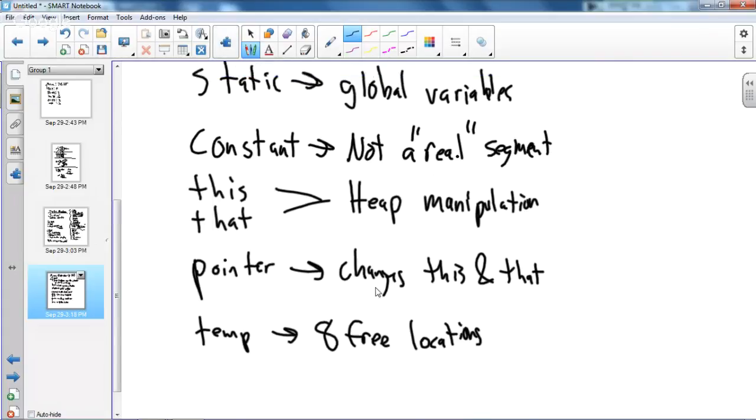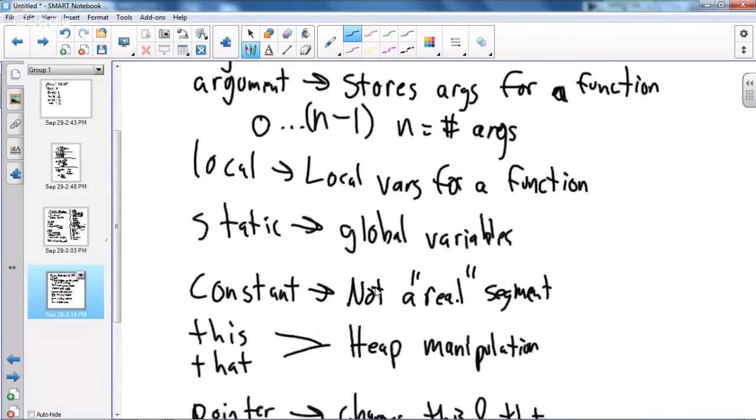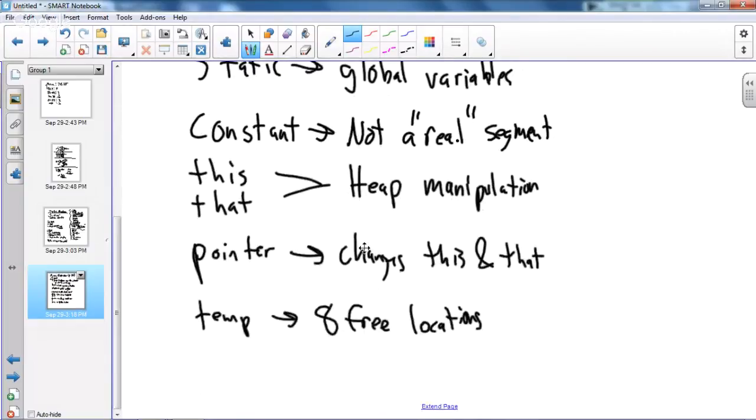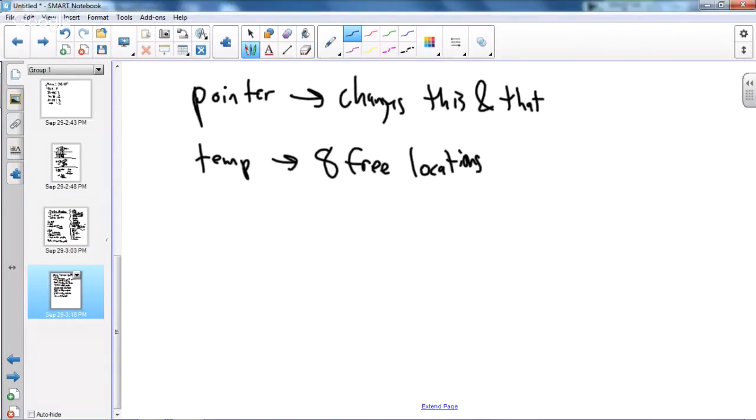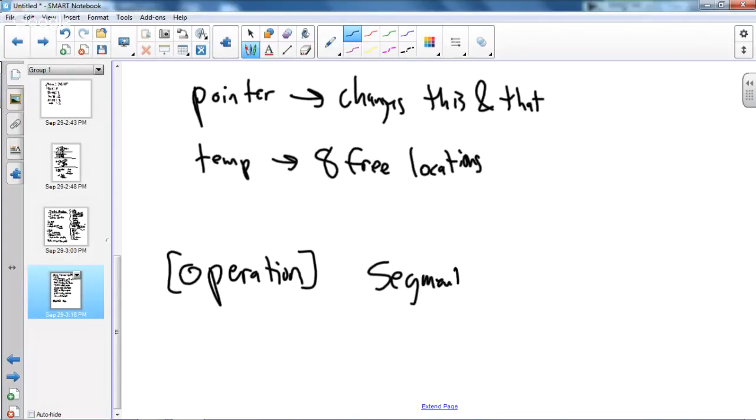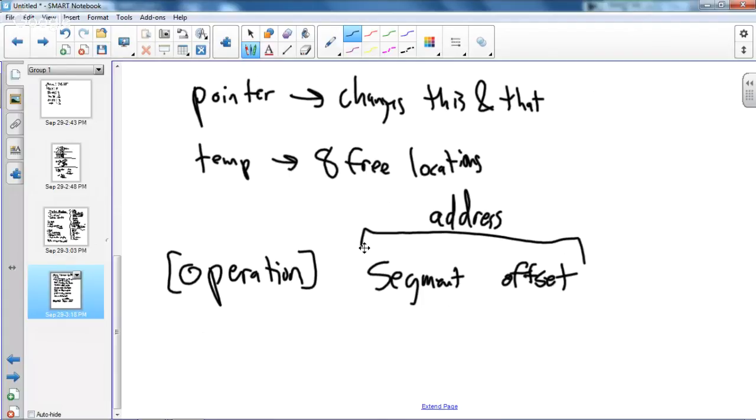Now, what all memory accesses have in common in the scheme is they look something like this. So you've got some kind of operation, and we're going to talk about what those look like in just a moment. Then you have the segment and the offset. So these ultimately turn into an address where you then do your work.